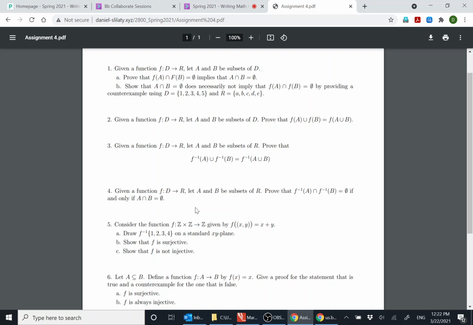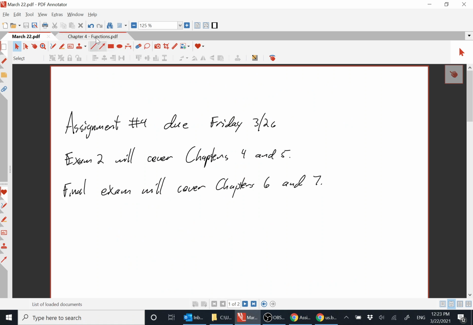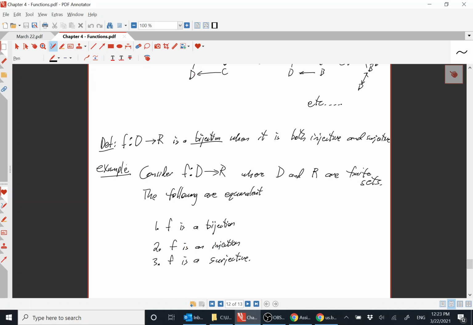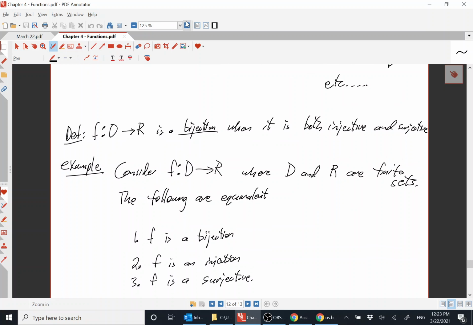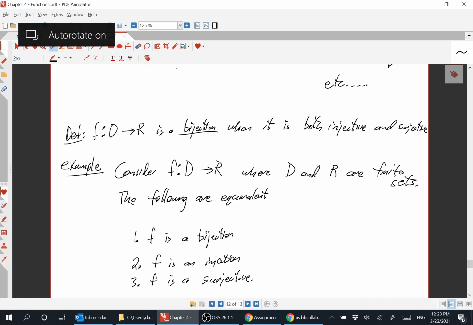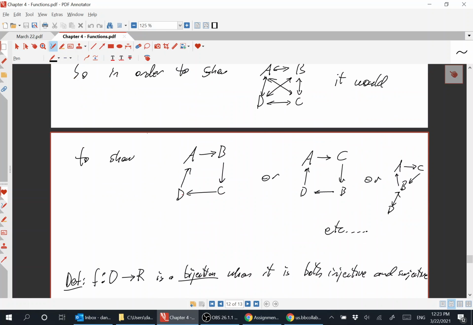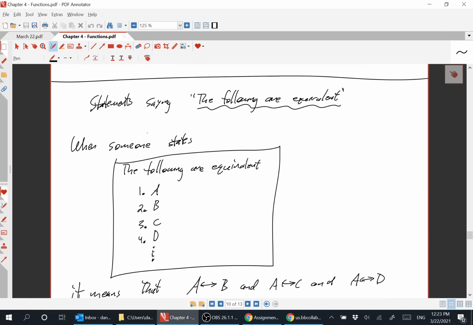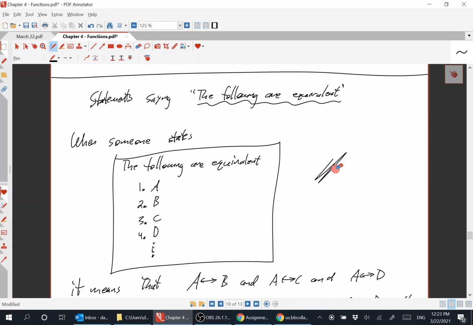All right. So let's go back to chapter 4. We've covered everything for the assignment on chapter 4. We're just on some few extra things that we'll talk about later in the course. So last time I was telling you about the type of statement where you say something like the following are equivalent.